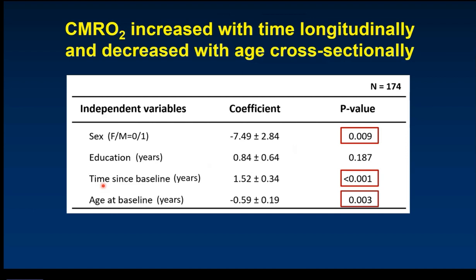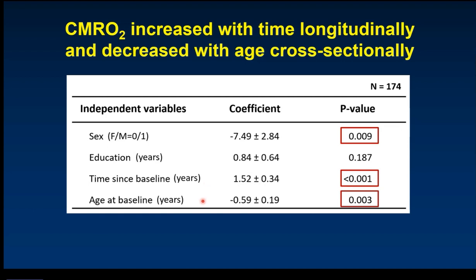2 years. First, for CMRO2, we found that males have a lower CMRO2 than females. We also found that CMRO2 increased with time longitudinally. That shows us that when people get older, the brain is working harder to compensate for its lower efficiency, so it extracts more oxygen from the blood.